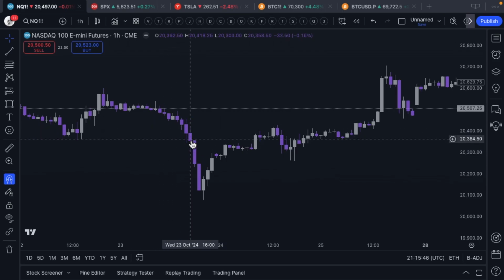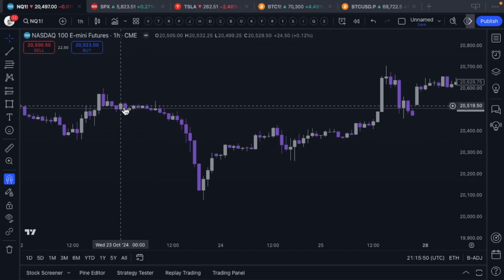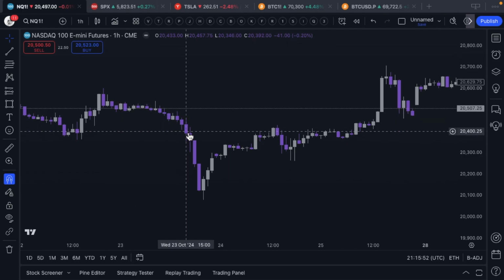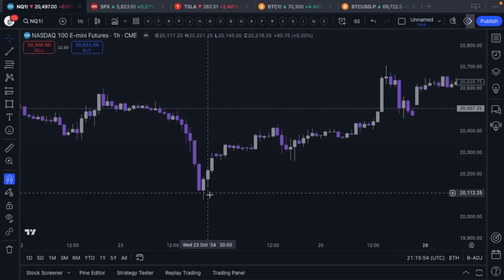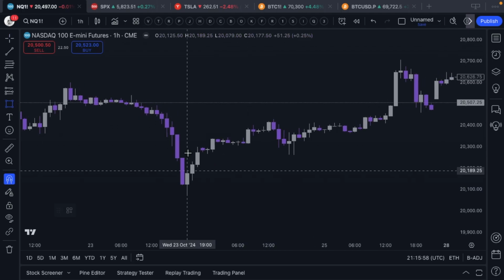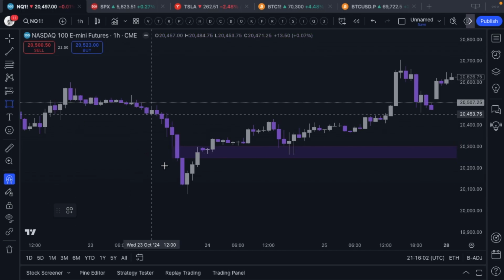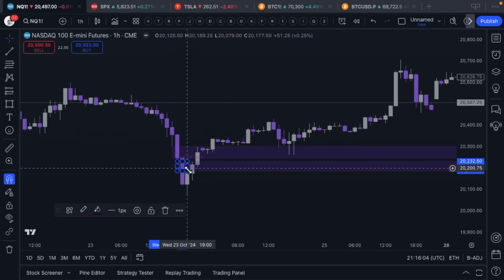You get a very clean move down, and by clean I mean we're not leaving any fair value gaps here. It's just slowly coming down, and then all of a sudden it gets very aggressive to the downside, and it leaves one fair value gap and two fair value gaps.